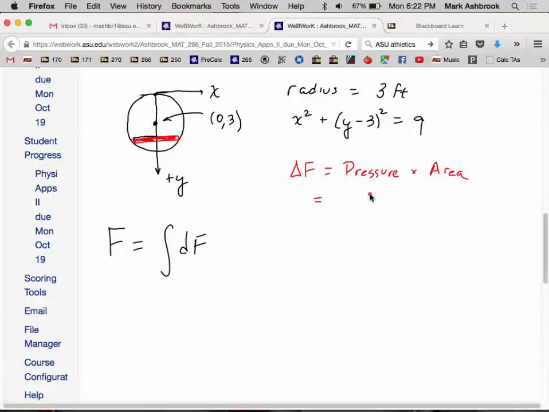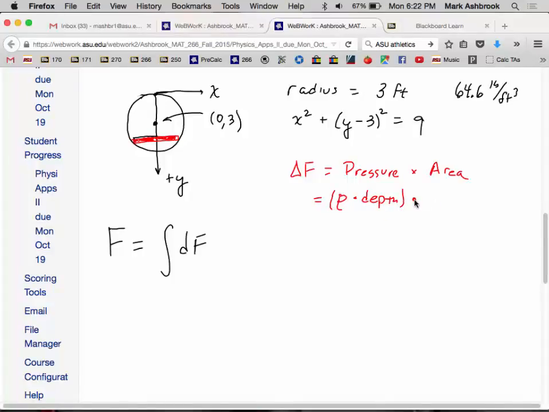What do we got here? 64.6 pounds per foot cubed. Okay, so the pressure is going to be that weight density times depth.